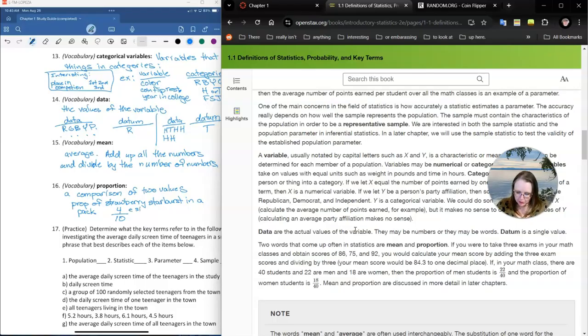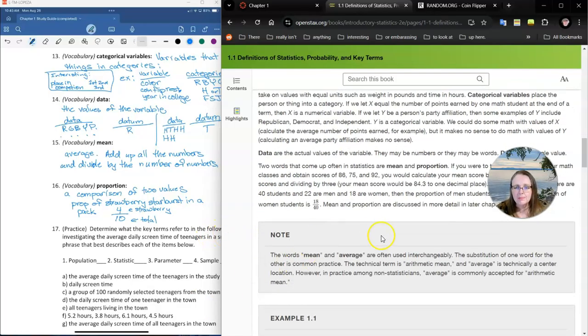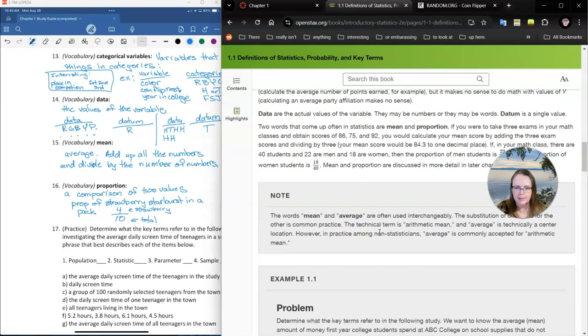So 4 strawberry, 10 total. That's a proportion. And we'll talk more about those as the semester progresses. So mean and average, technically not the same thing, but it's okay to use those interchangeably in this class. Not a problem at all.